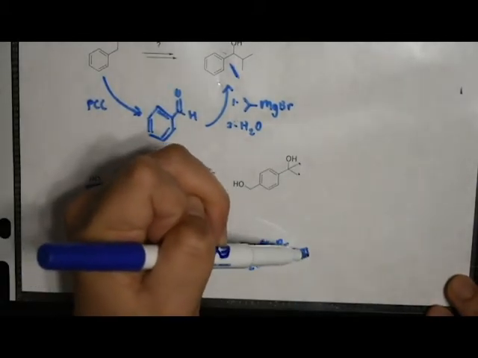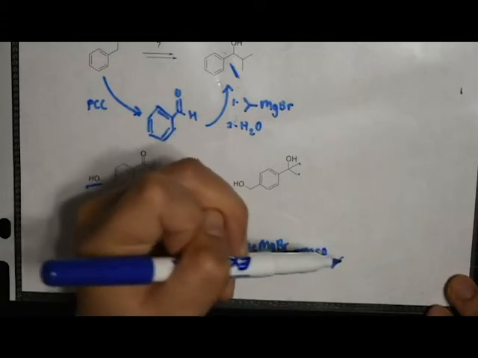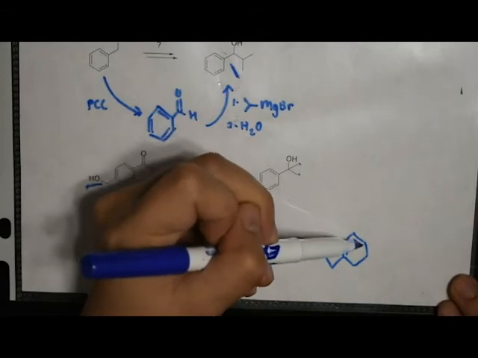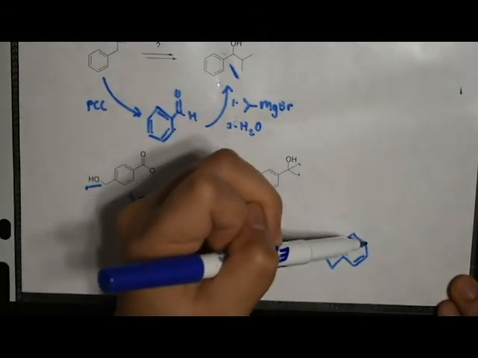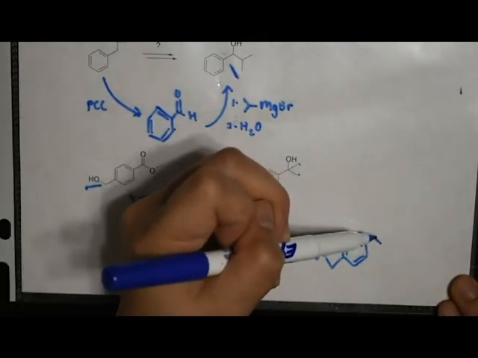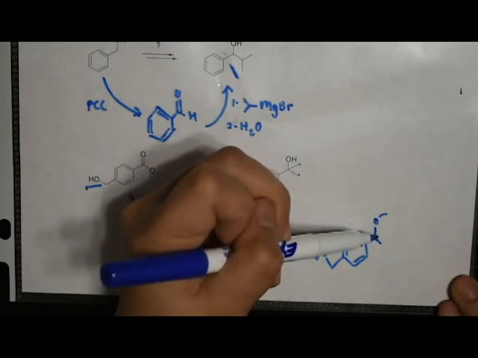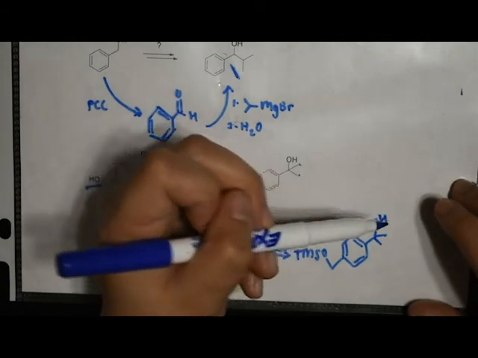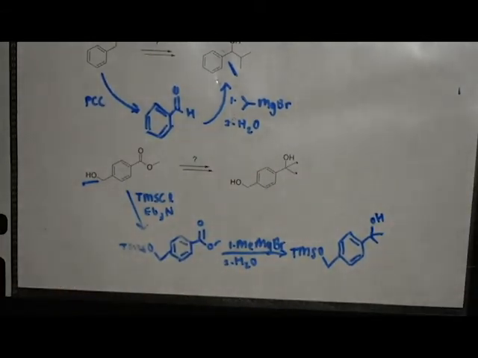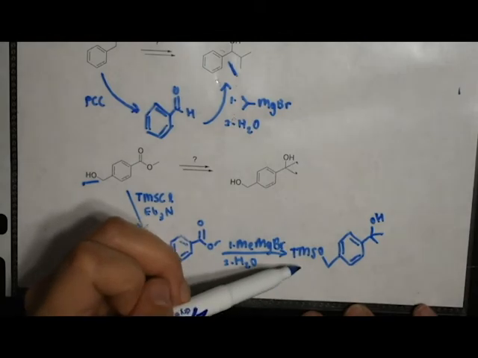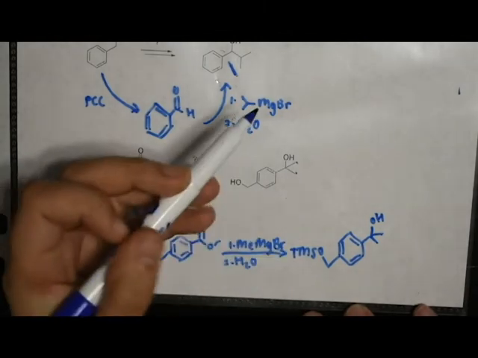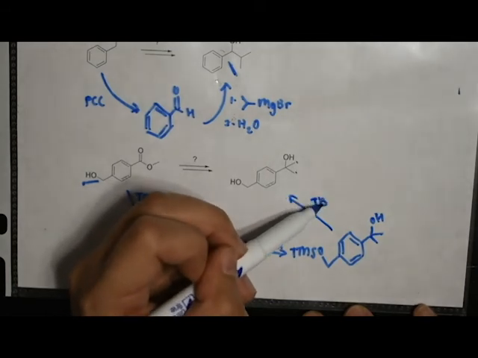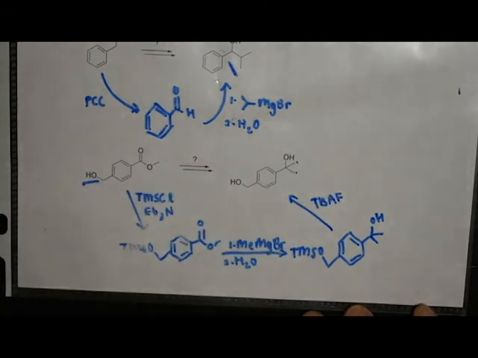And so the reaction will go on as normal, and then you get TMSO, our benzene ring, our oxygen, our alcohol, and our two methyl groups. And then in order to deprotect our TMSO and give us back our alcohol, we just subject it to TBAF, and that gives us our final product.